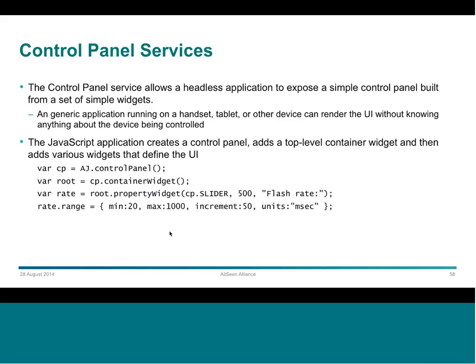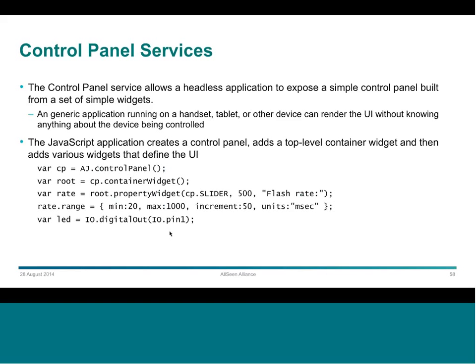The range here is what I set it to, and the 500 up above there is the default value that I want it to be set with. The range I'm going to say is going to go from 20 to 1,000 at 50 increment values, and the units is milliseconds, so it's going to show that in the control panel UI on the other side.